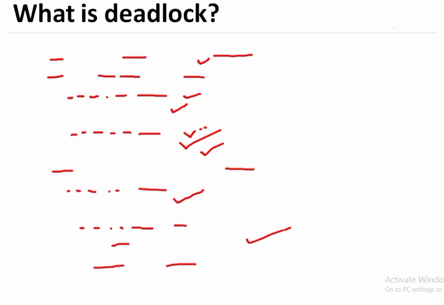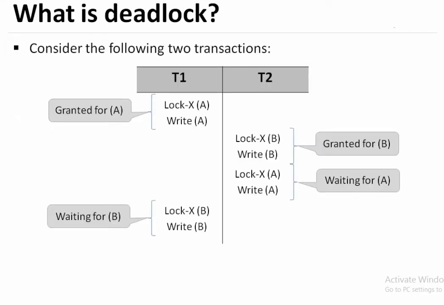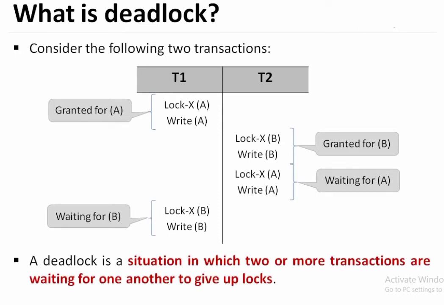Now we have a new topic, deadlock. So what is deadlock? Here we have one figure. Consider the following two transactions, T1 and T2. Initially we don't have any transaction in the system, and the T1 transaction wants to execute.